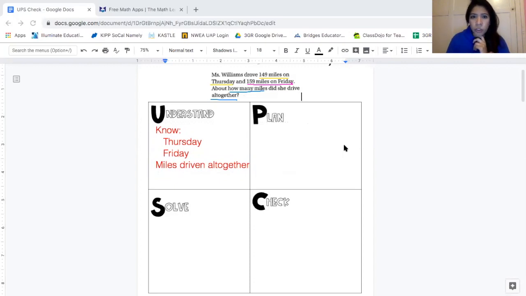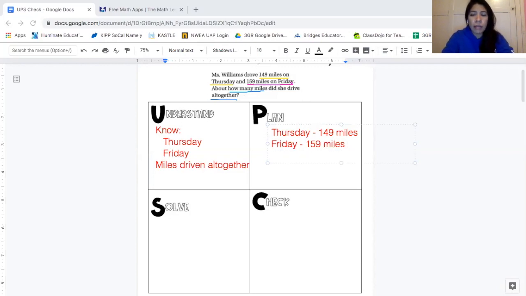For my plan portion, I want to flesh out my understand. I want to make sure that I'm adding a lot more details, that I'm a lot more specific. So what do I know? For Thursday, if I'm more specific, she drove 149 miles on Thursday. And looking at Friday, I need to be more specific: 159 miles on Friday. So for Friday, I can go ahead and write 159 miles.